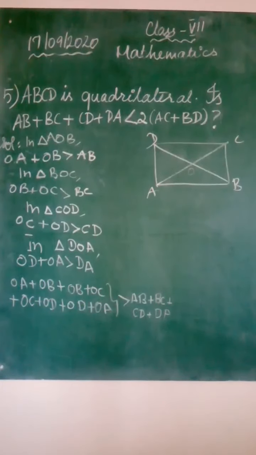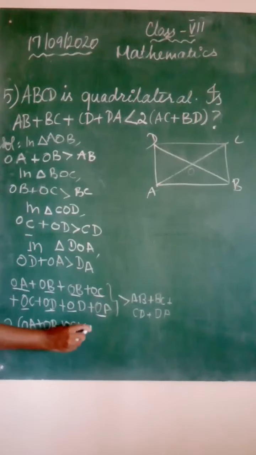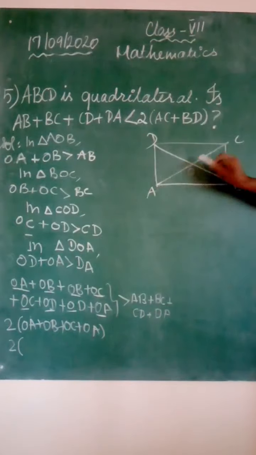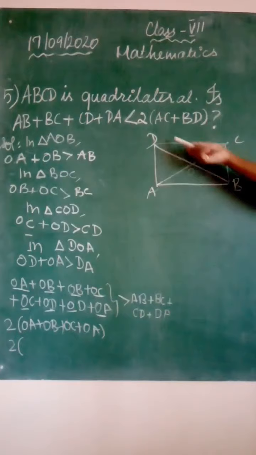Okay. So now you have OA, OA, OB, OB, OC, OC, OD, OD. So all 2 times. So this can be written as 2 into OA plus OC. So what is that OA plus OC? Can you see that in the diagram? OA plus OC, that is AC together. Okay. Then OB plus OD, that is BD together.